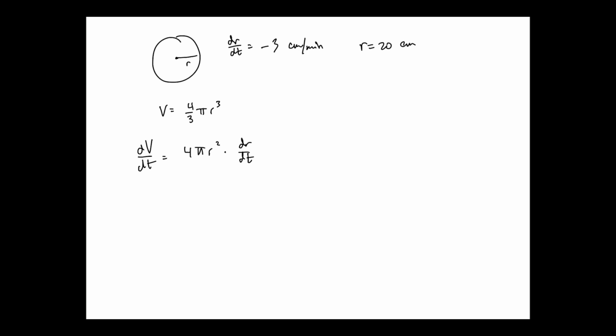So like with implicit differentiation, you have to be really careful and respect the chain rule on these guys. And if you don't, woe unto thee. Okay, good? Are we cool with the key equation? dV/dt is 4 pi r squared dr/dt.